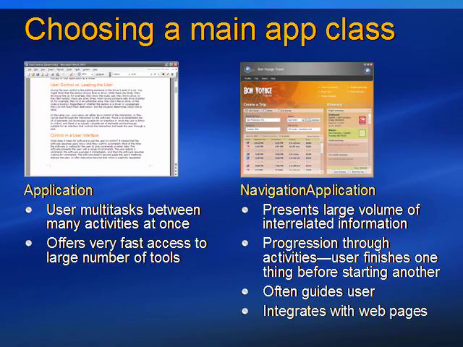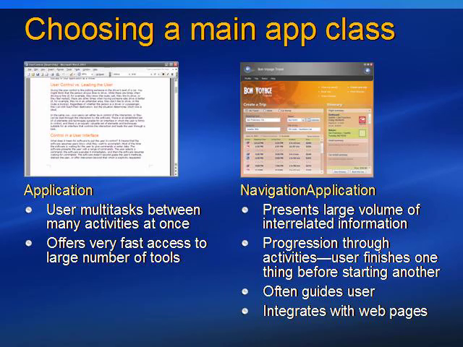If you're designing, on the other hand, an application that has a large volume of information or has a certain quality to it in which the user proceeds through activities in a fairly predictable fashion, where they go from one step to another and they're finished with the first before moving on to the second, navigation may be appropriate, and the navigation application base class may be appropriate for you.